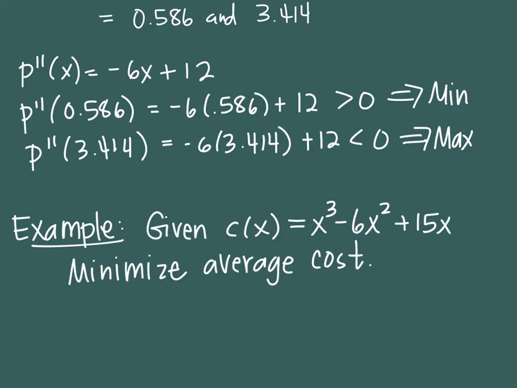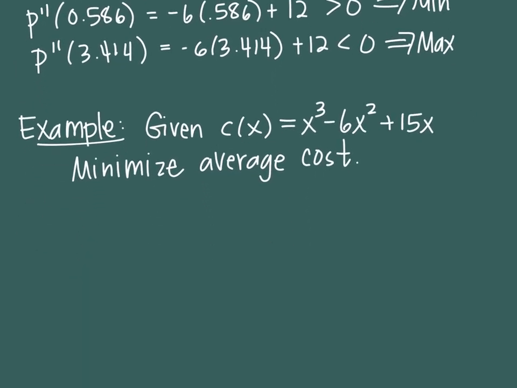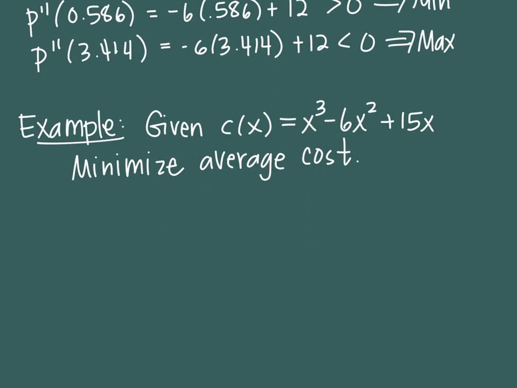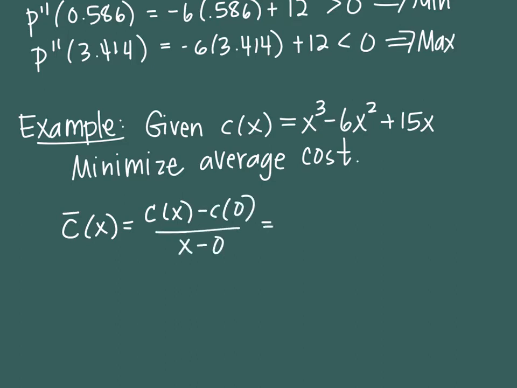So we are not taking the derivative of the cost function as it is. We have to make it into an average cost function first before we take the derivative, before we apply the minimization strategy. So I need to come up with my C bar. C bar is C of x minus C of 0 over x minus 0. So in this case, C of x is x cubed minus 6x squared plus 15x.